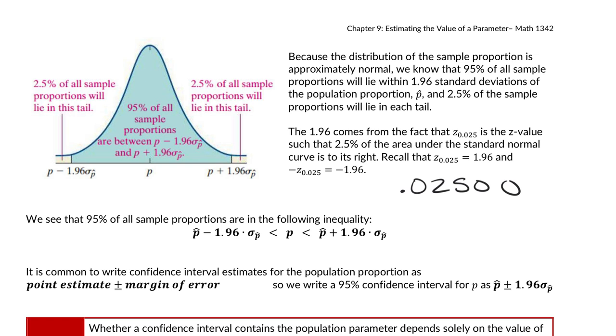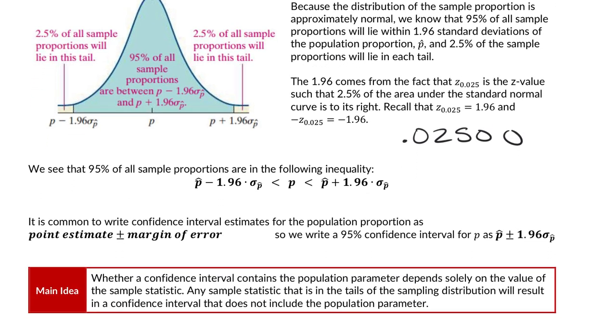95% of all the sample proportions are within 1.96 times the standard deviations away from the guess that we have. So we get this interval here, which is 1.96 times the standard deviations below and 1.96 times the standard deviations above our statistic. That creates our confidence interval.